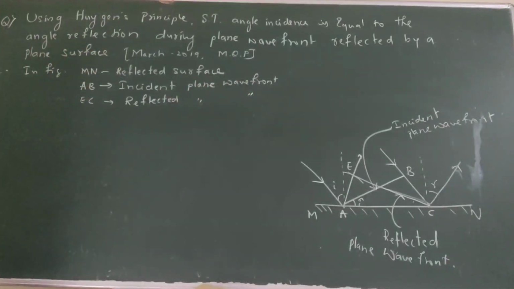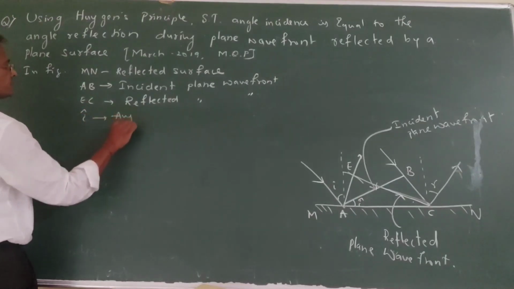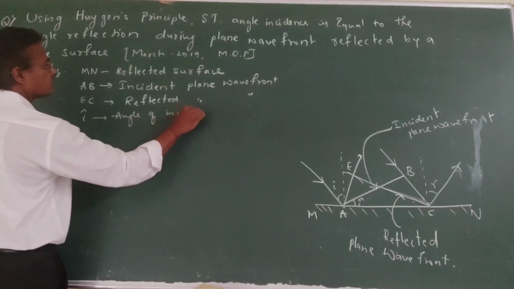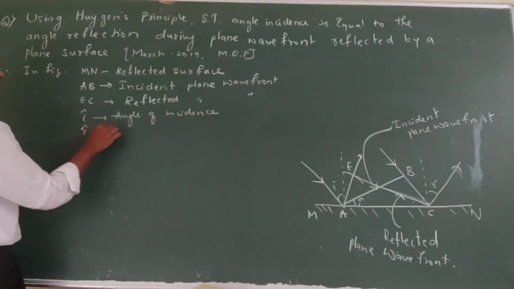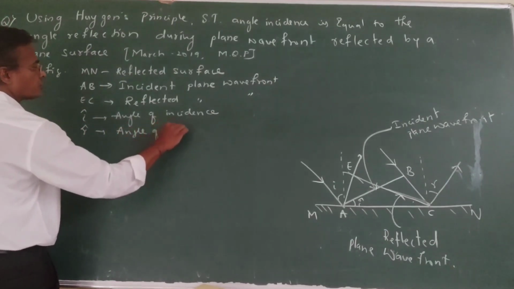This i is called the angle of incidence, and this r is the angle of reflection.